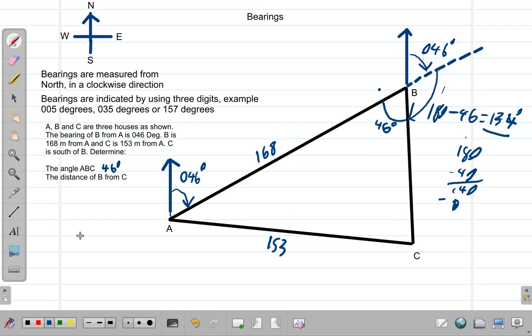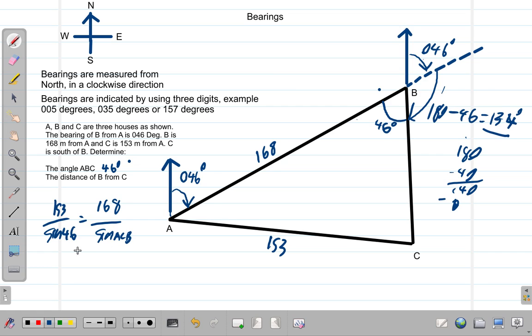Let me see something. If we try the sine rule, you know that here, this length 153 over the sine of the angle opposite to it, sine 46, equals 168 over sine ACB. Because remember, we try to find additional angles and additional lines, because they may very well help us in reaching our goal of finding BC.